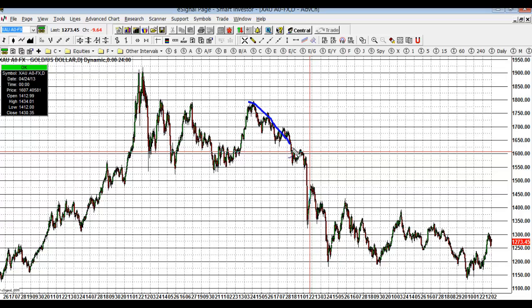The market has now reversed and experienced lower highs and lower lows. So it's very important to be able to read the prices of what's happening on the market for clues as to the direction of the market.